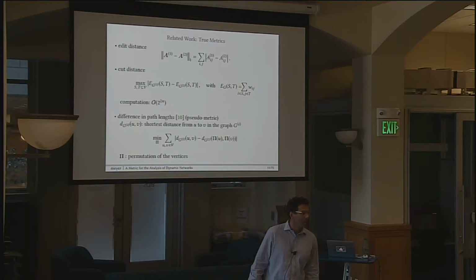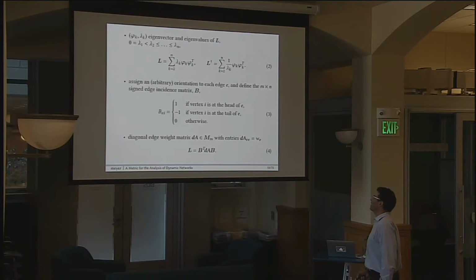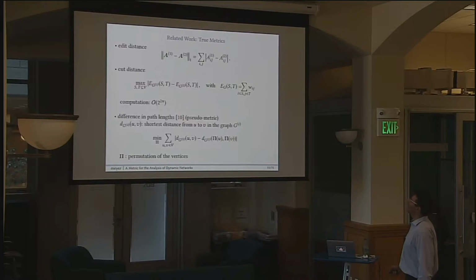Maybe before we leave cut distance behind, are there any good estimators of cut distance that could drop that terrible cost? Yeah, that's a very good question. Here I have my cut distance. As I said, there's a way to turn this thing into a semi-definite program, and then instead of looking for an assignment of the partition S and T that will achieve the max, you have a soft assignment.